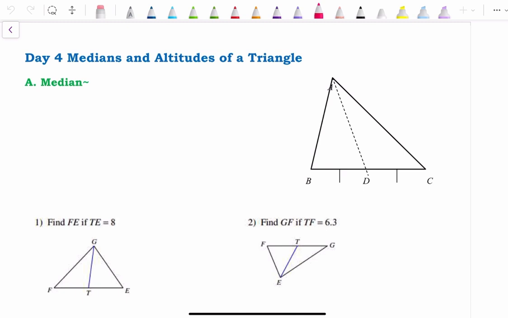A median is a line that connects an angle to the midpoint of the opposite side.